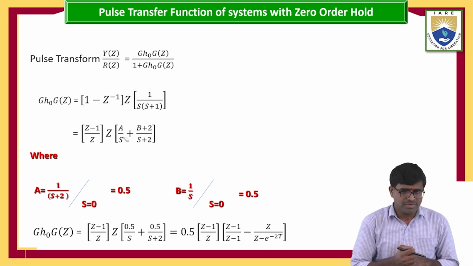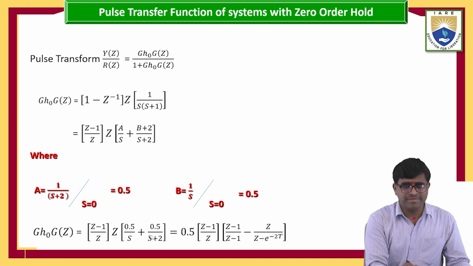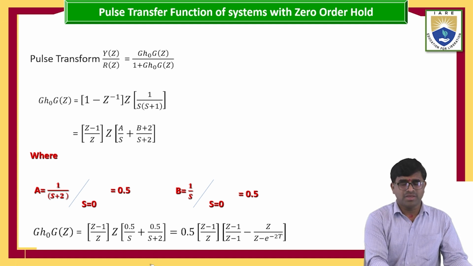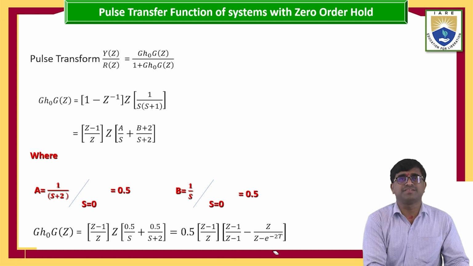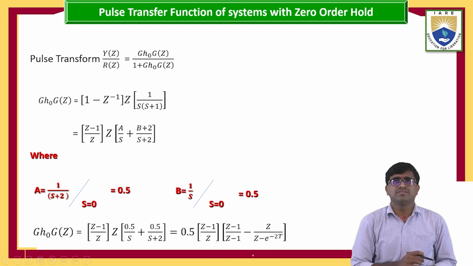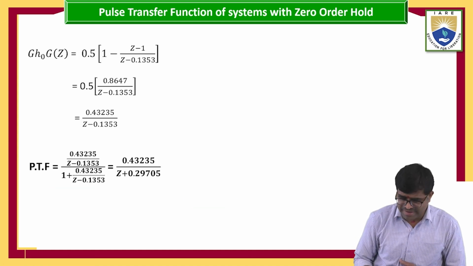Substitute this one into the above equation. We got (z minus 1) by z into z into 0.5 by s plus 0.5 by (s plus 2), equal to 0.5 into (z minus 1) by z.